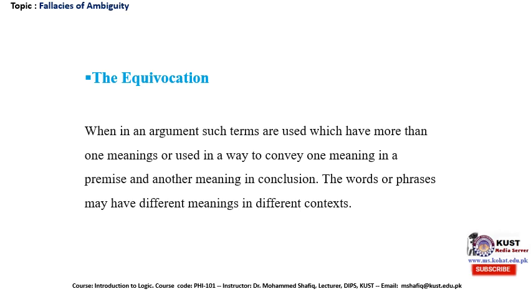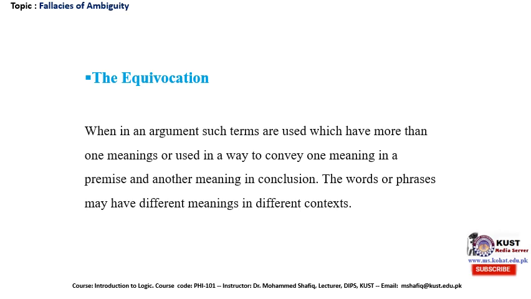Number 1 is called the fallacy of equivocation. When in an argument such terms are used which have more than one meaning, or are used in a way to convey one meaning in the premise and another meaning in the conclusion, the words or phrases may have different meanings in different contexts.